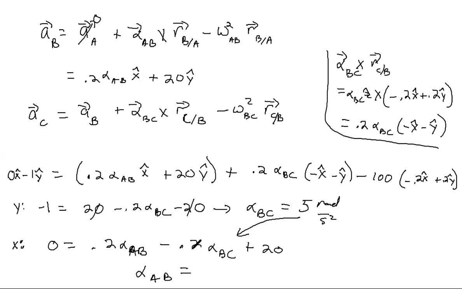Make sure I didn't foul that up. Oh, no, I was right. 95. Okay, sorry. I must have just had a smudge in my notes then. All right, so I get negative 95 radians per second squared. So these match what the book has.